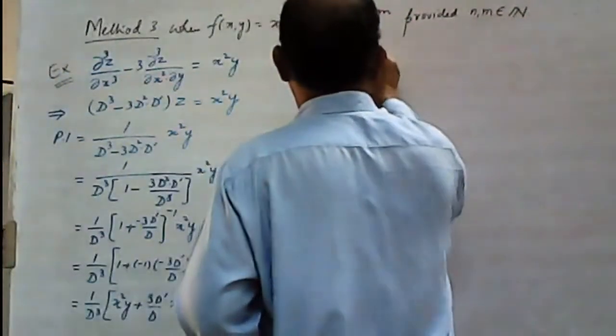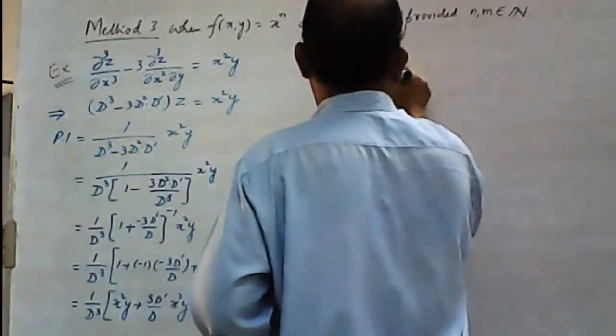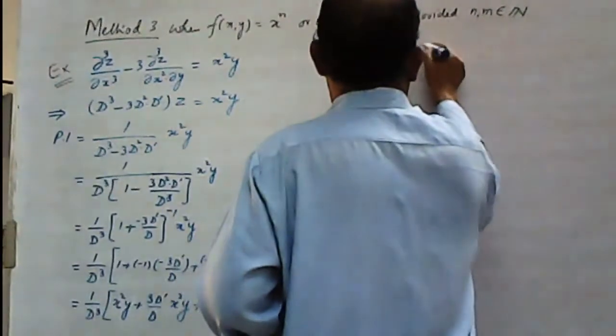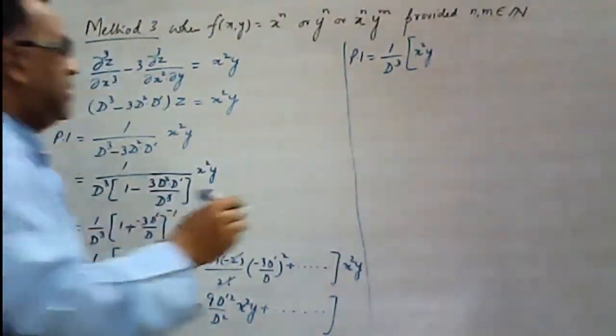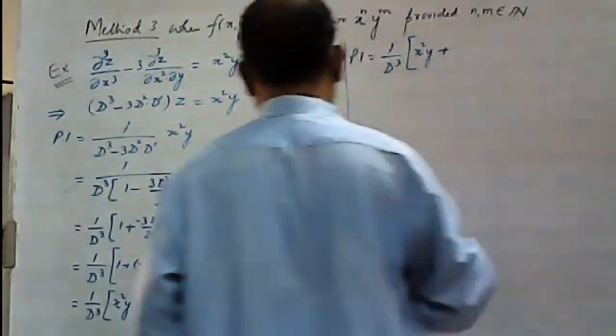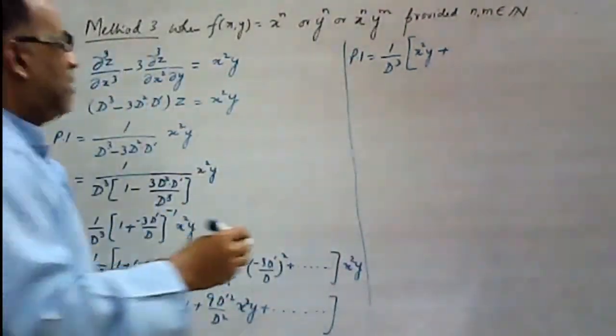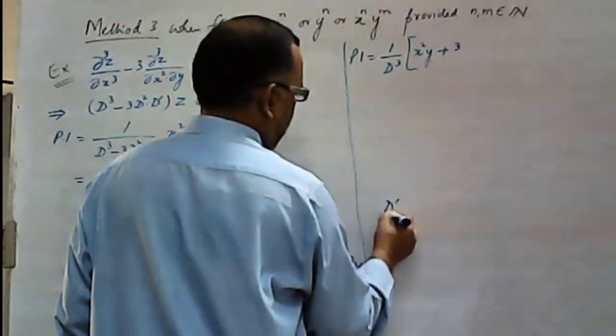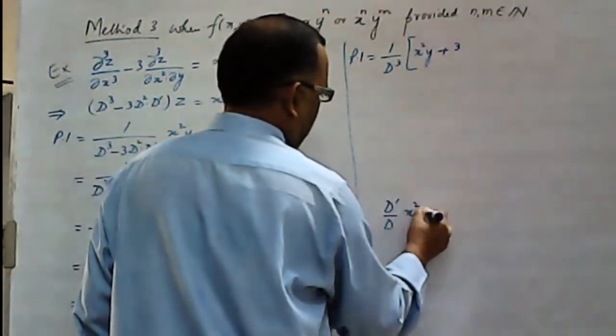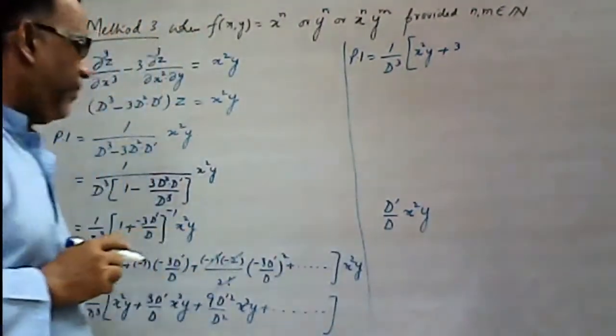So particular integral is equal to 1 upon D cube x square y plus, now I'm keeping it free here. So what is needed? D dash upon D applying on x square y.